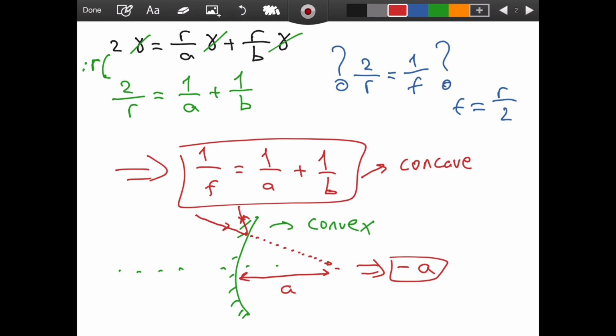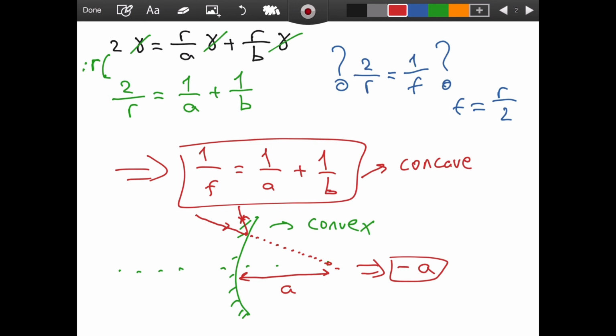So when do we substitute negative A or negative B? If the light beam is not passing through the principal axis, if only the extension of it is passing through. And of course, for the focal length of a convex mirror, we know that it is going to be negative because again the convex mirror's focus point is behind the mirror, so we represent behind as negative.